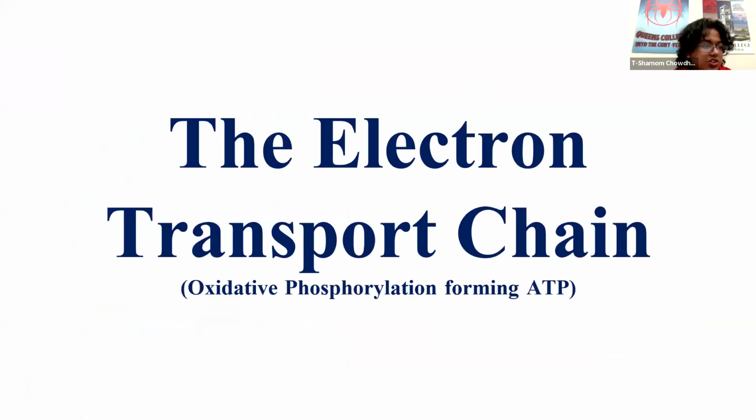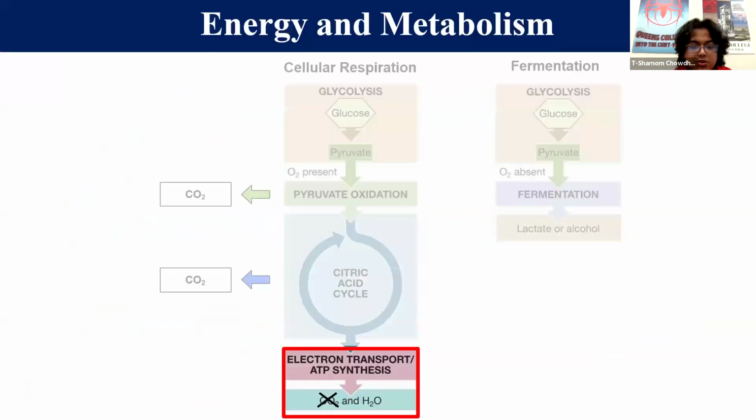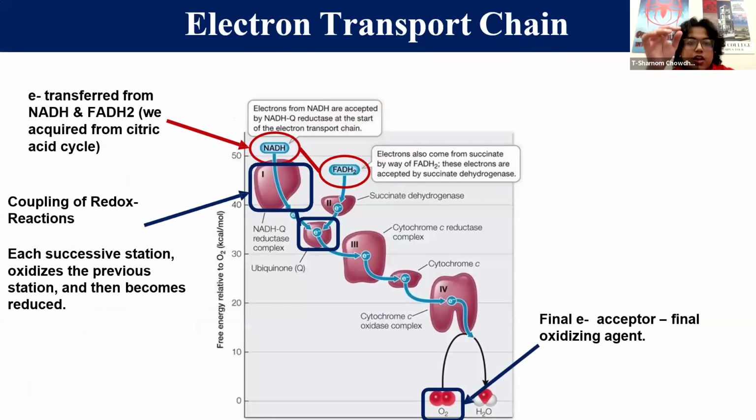Now we're going to go over the electron transport chain where you produce ATP. An electron is transferred from NADH and FADH2, which you obtained from the citric acid cycle. And then you have redox reactions where each station oxidizes the previous station, and then that station becomes reduced. Electrons are accepted by NADH-Q reductase at the start of the electron transport chain, and electrons also come from FADH2.